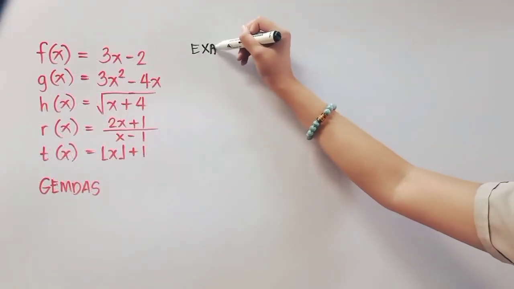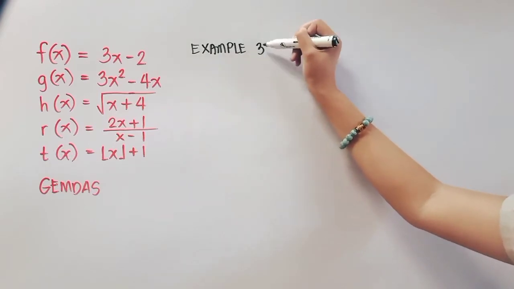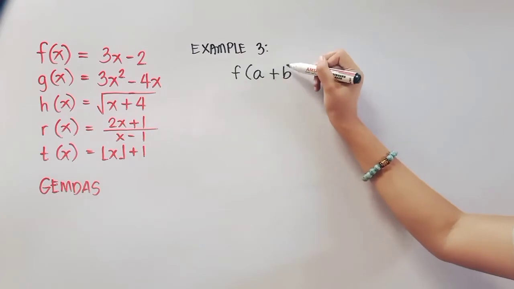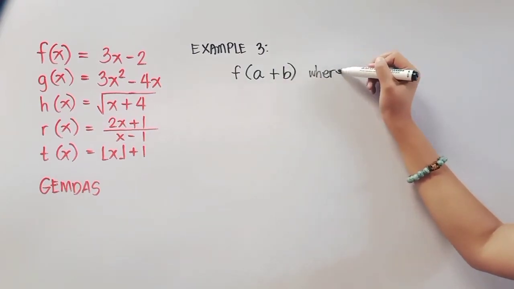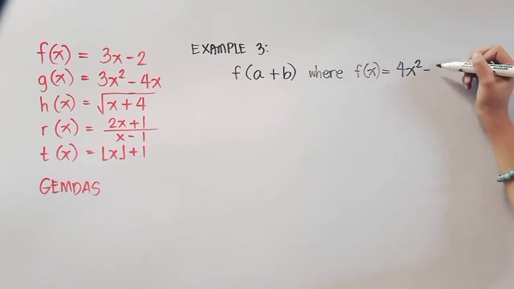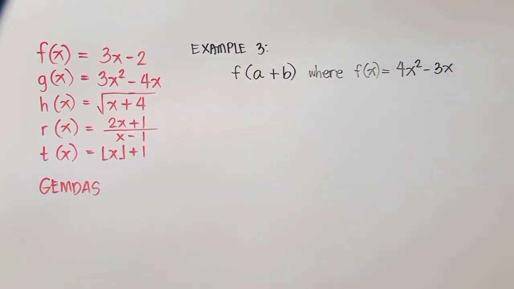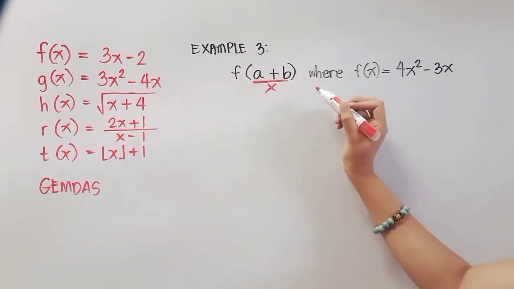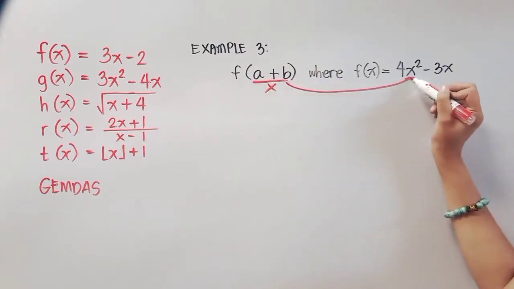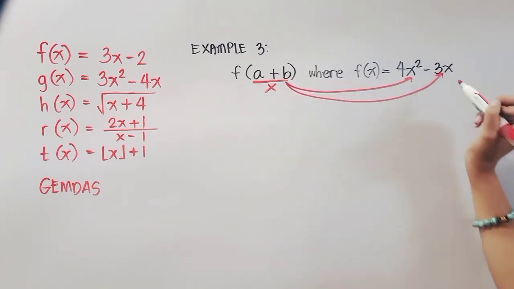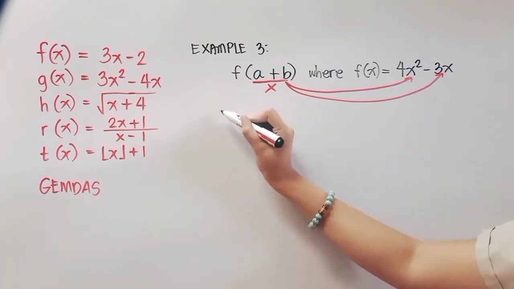We are now on example 3. So in here, we have a different given, f of a plus b, where our f of x here is equal to 4x squared minus 3x. Since this is f of x, it means a plus b is our entire x, and we will substitute this one as a value of our variable x.